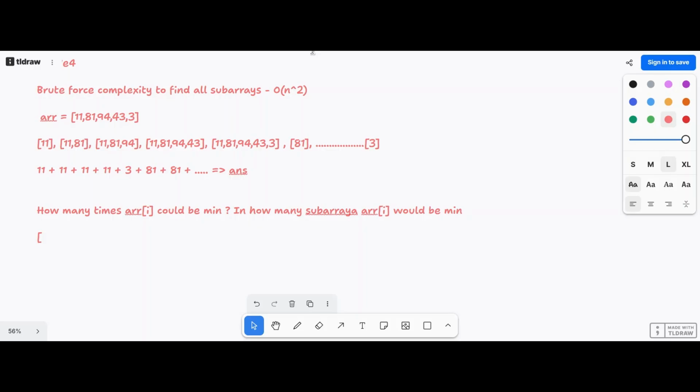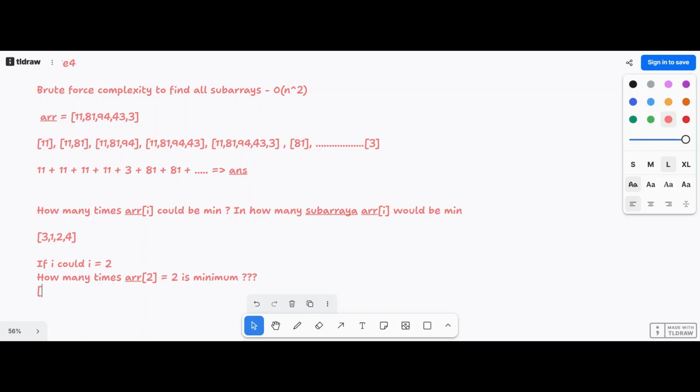Let me take a simple example of 3, 1, 2, 4. If I consider i equal to 2, I need to find how many times array of 2, which is 2, is the minimum.